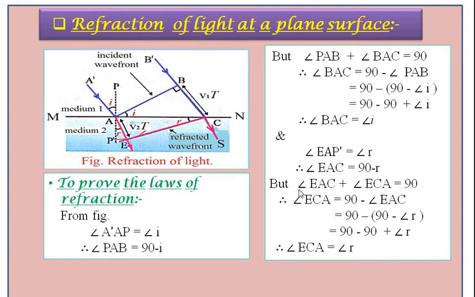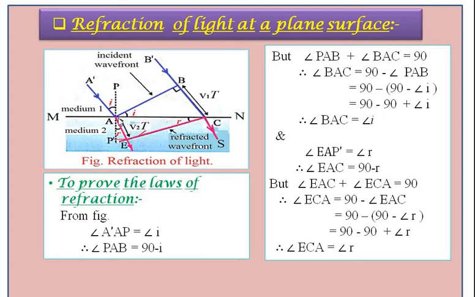But from figure, EAC plus ECA is equal to 90 degrees, because here AE is perpendicular to EC. AE is perpendicular to EC, means this angle becomes equal to 90 degrees, and the total of the three angles of the triangle is equal to 180 degrees.